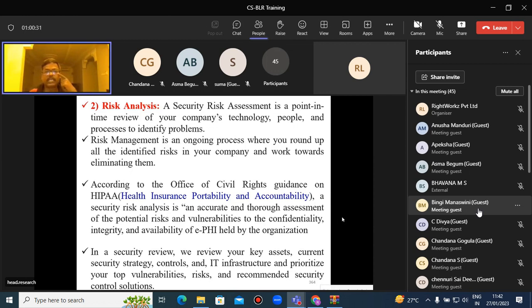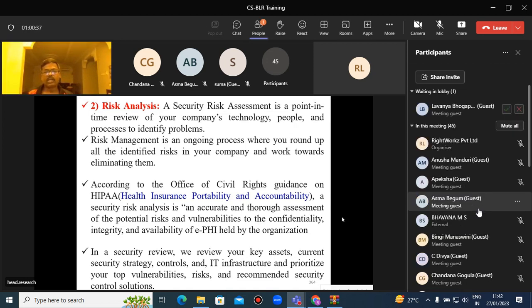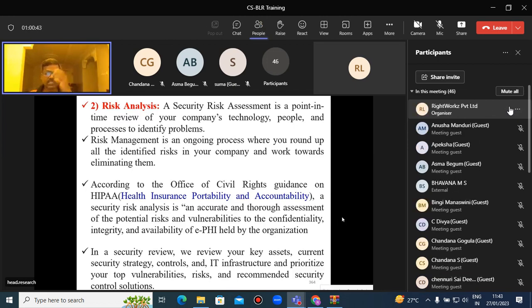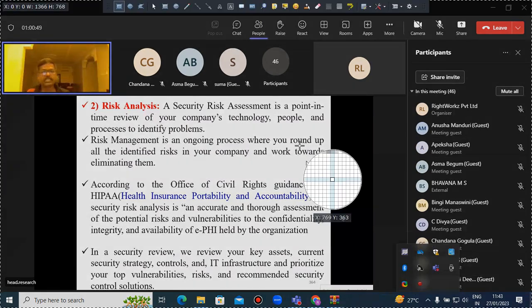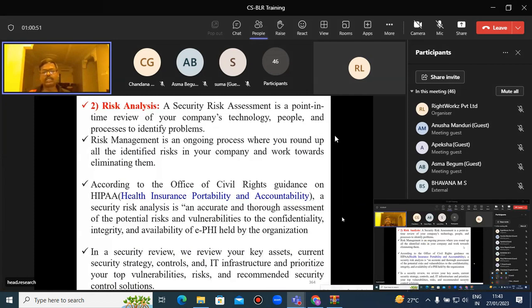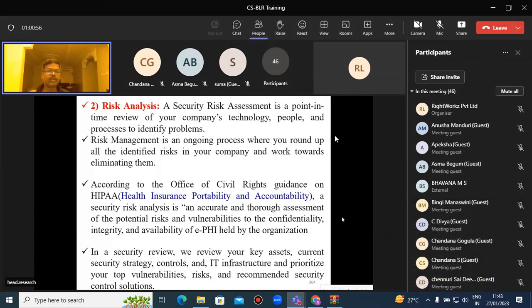It is a point in time review of your company's technology. What type of technology are you using, and people and process, to identify problems. That is called a risk analysis. So risk analysis includes the company's technology, tools, techniques, people and the process to identify problems.